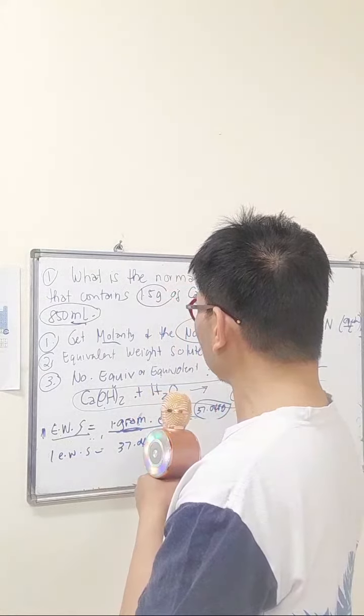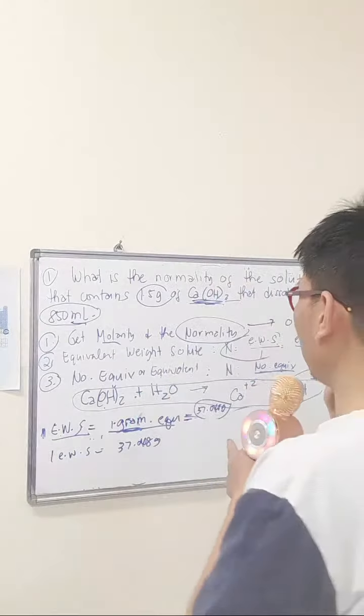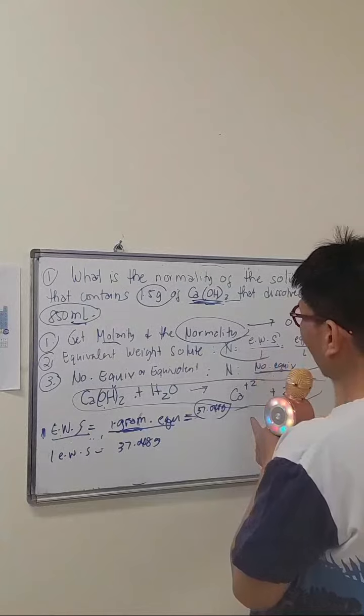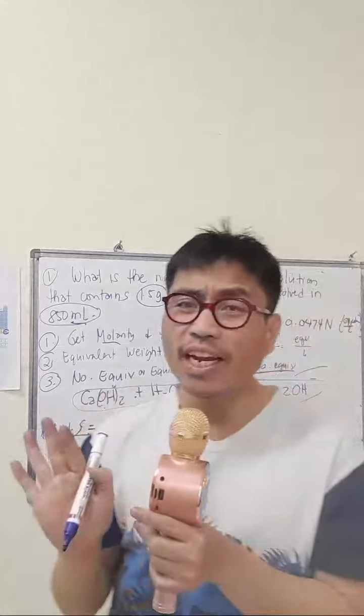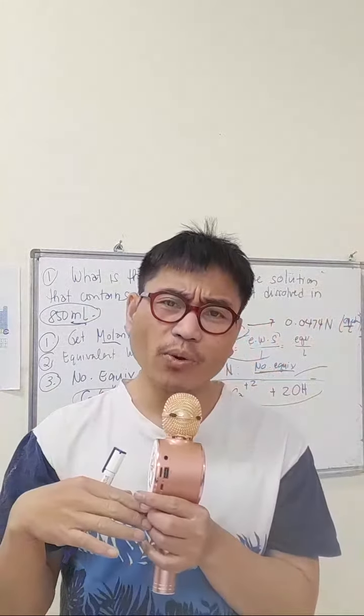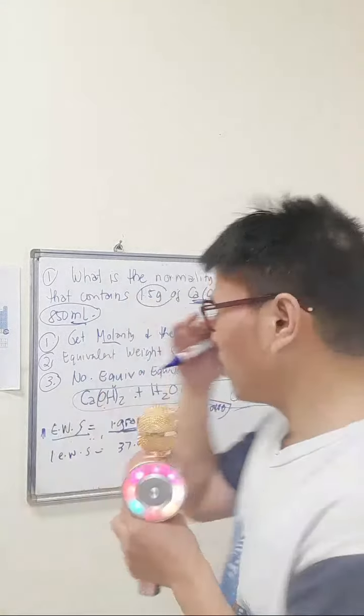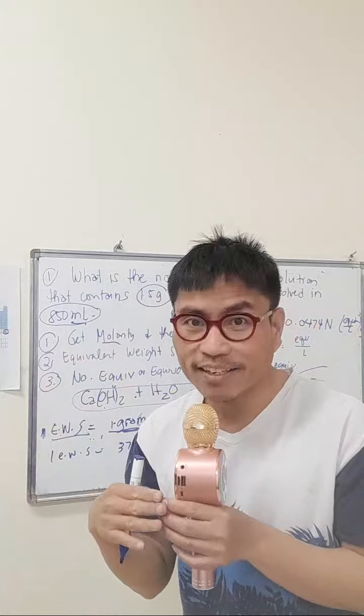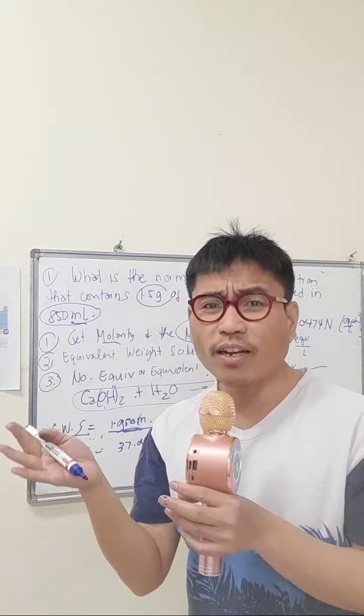37.048 grams. Now, since we identified our EWS based on the calculation, we need to know our actual EWS, which we don't know. Let X be the unknown equivalent weight of solute.